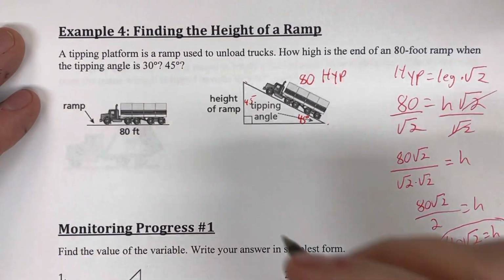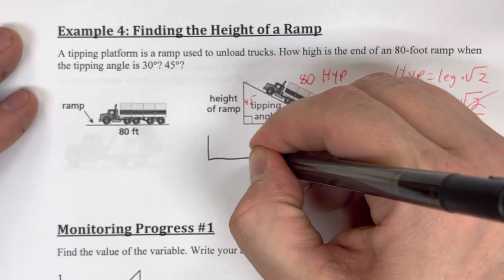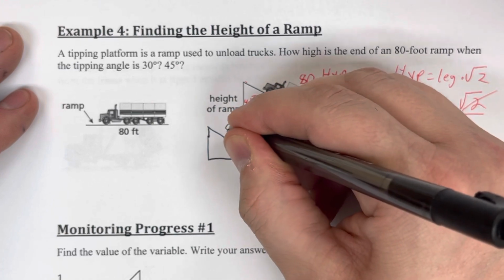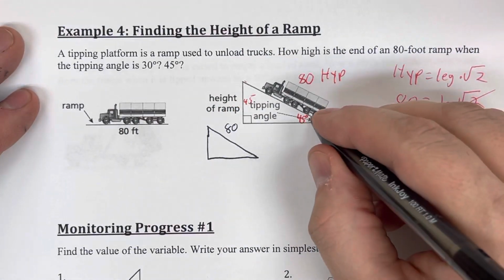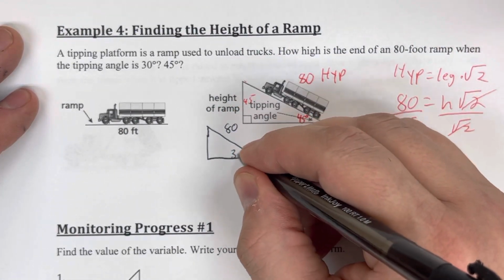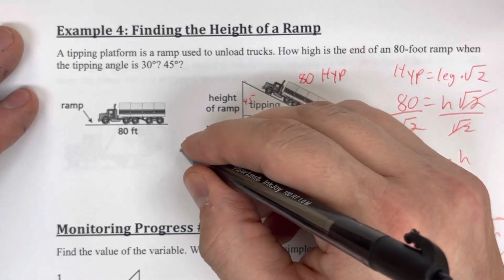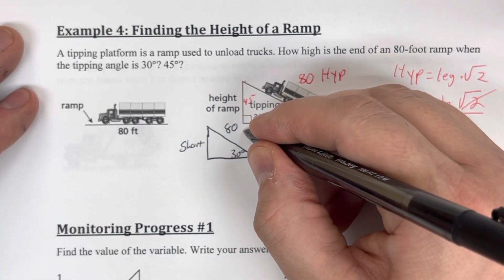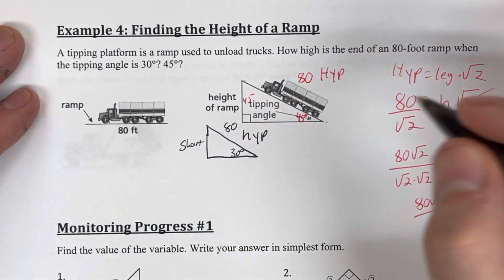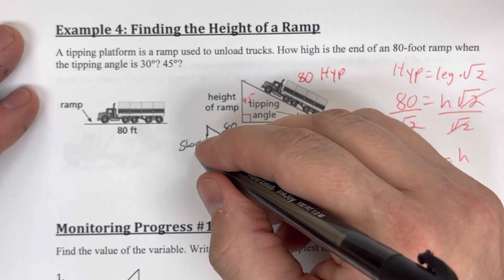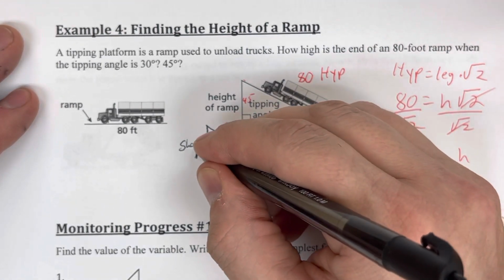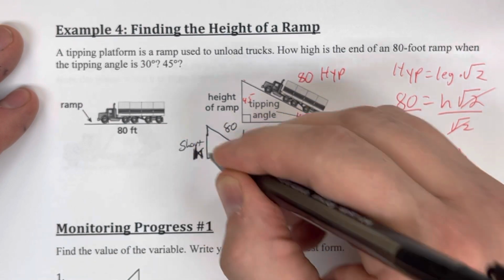Now with the 30, 60, 90, I'm going to redraw the triangle here real quick. 80. Now my tipping angle will be 30. So this would be the short, and this is the hypotenuse. So with the 30, 60, 90, the short leg, we'll call that h again.